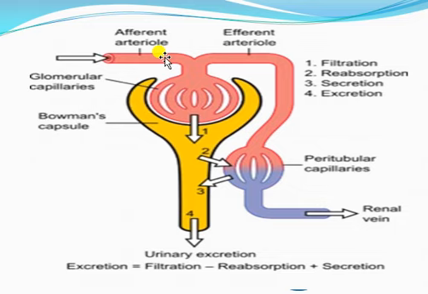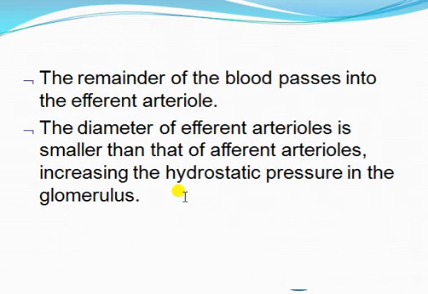Because of this, automatically the force increases here, and the blood is forcibly pushed out. So the diameter of the efferent arteriole is smaller than the afferent arteriole, increasing the hydrostatic pressure. Simply, when going from a big pipe into a small pipe, the pressure automatically increases. Everybody knows. Like that, the hydrostatic pressure increases.